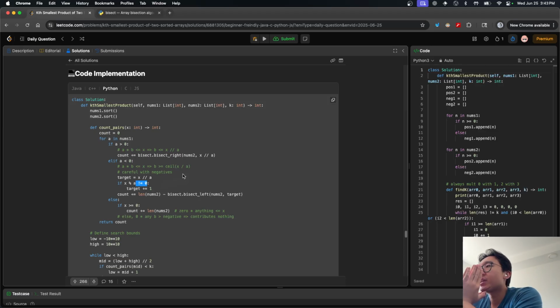Okay, so we take a times what is b in this case? Yeah, I think it's the element in num2. If a times b is less than or equal to, oh wait, never mind.